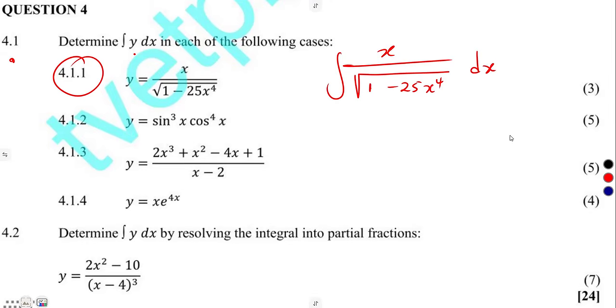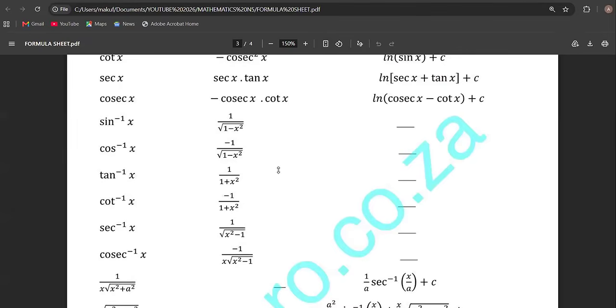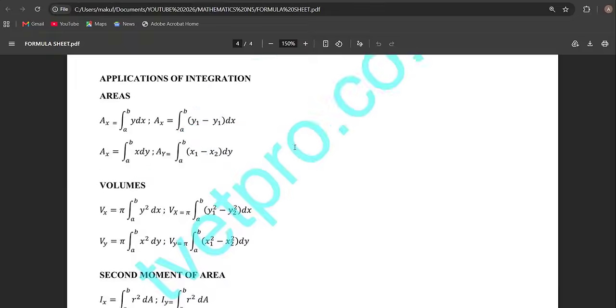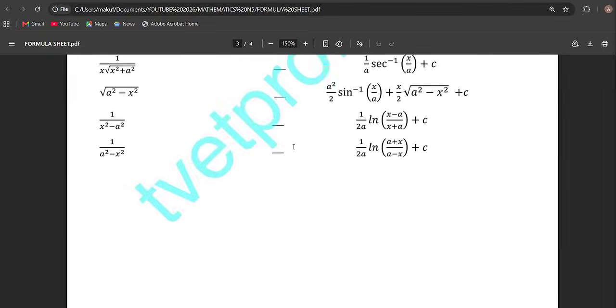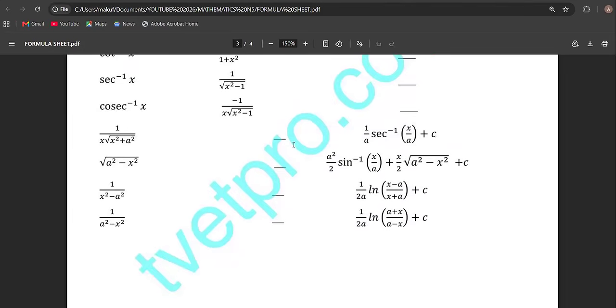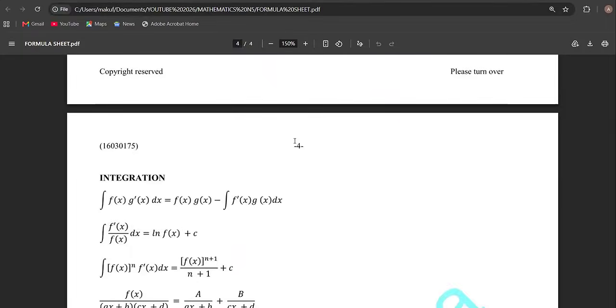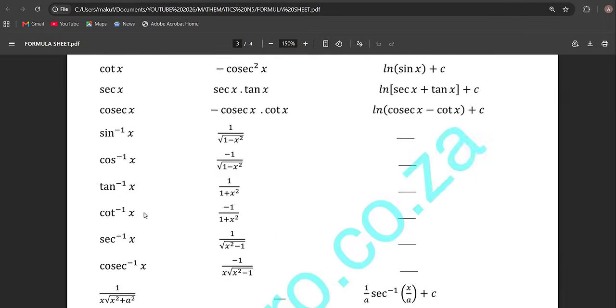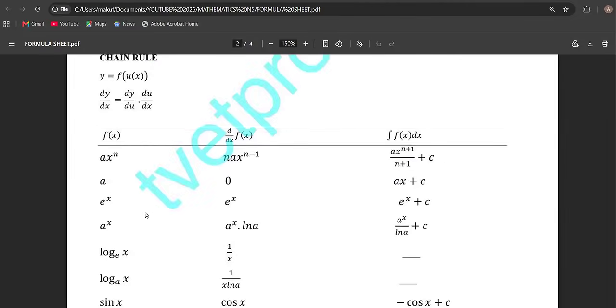So this one, if you check properly, is part of our trigonometric substitution, as I said before, right? Did I have an introduction about this one? I don't think I had an introduction, but these ones, you know them, guys. And according to this formula sheet from this question paper, it seems like they left out some of these ones.